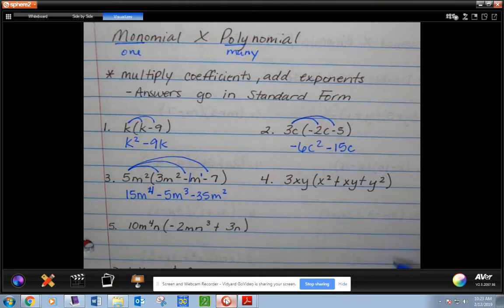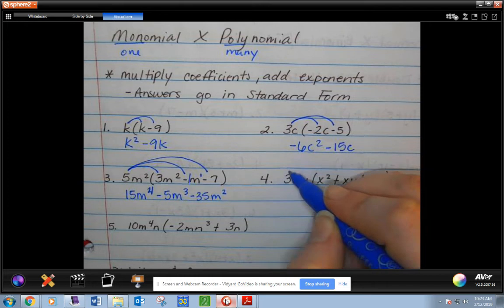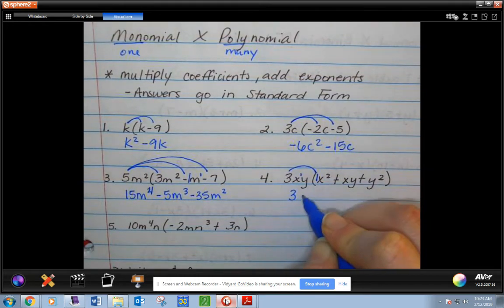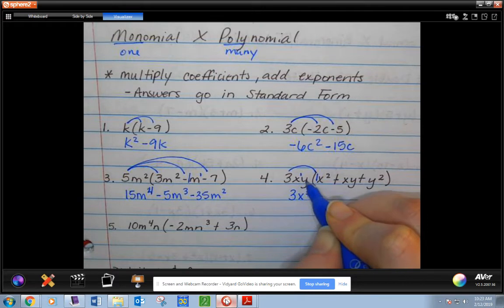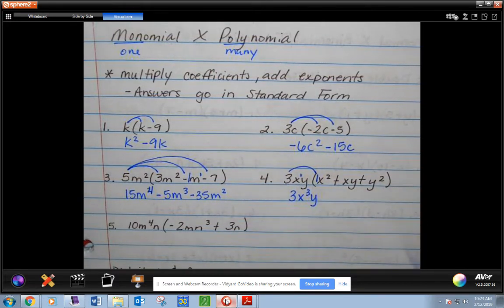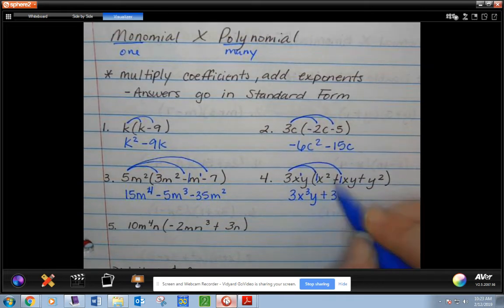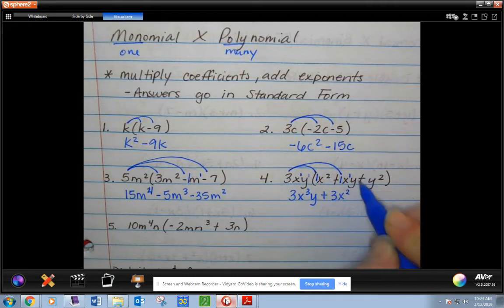Now, be careful when you have different letters. We're going to take 3 and multiply it by 1, which gives me 3. I have an x1 and an x2, which gives me x3. I have a y, and there are no y's here, so I just keep the y. Now I do 3 times, again, a 1, which gives me 3. I have an x1 and an x1, which gives me x squared. I have a y1 and a y1, which gives me y squared.